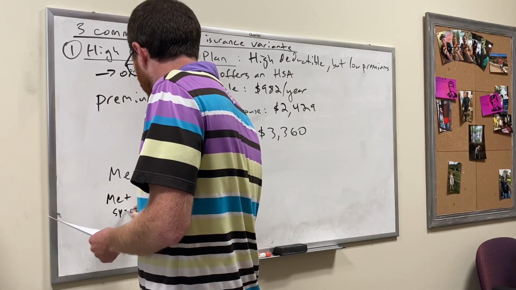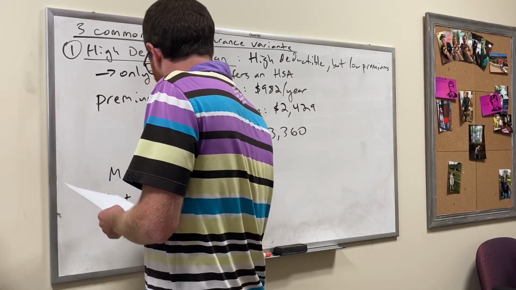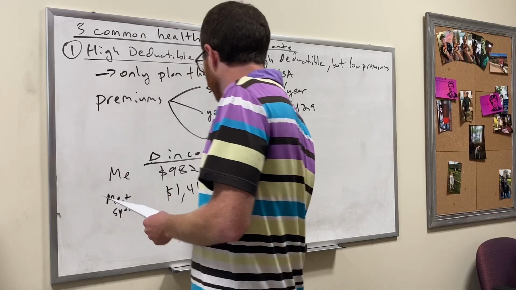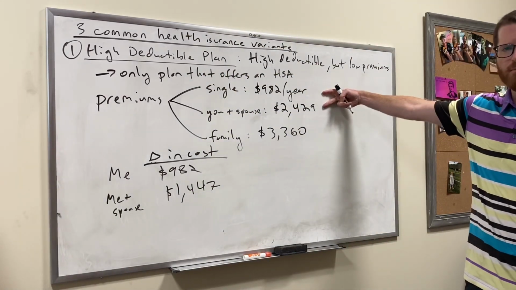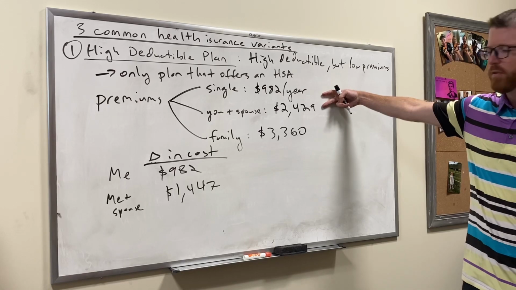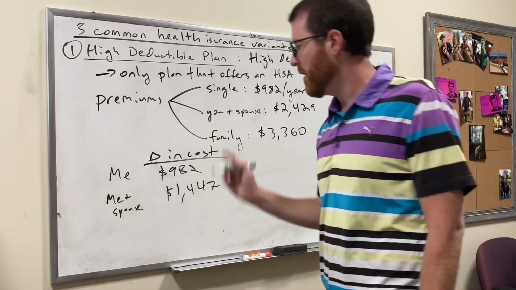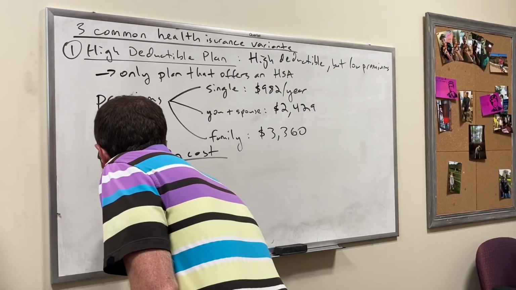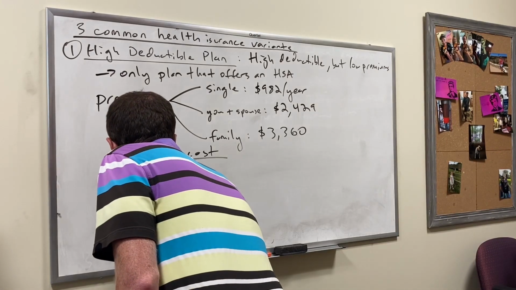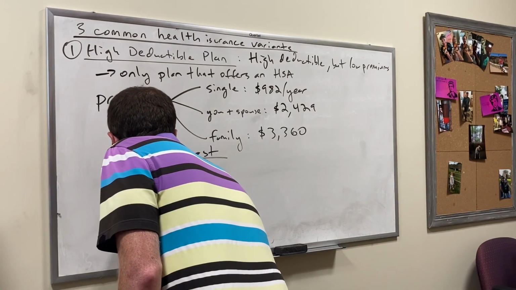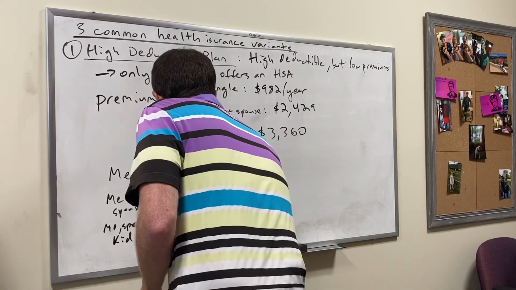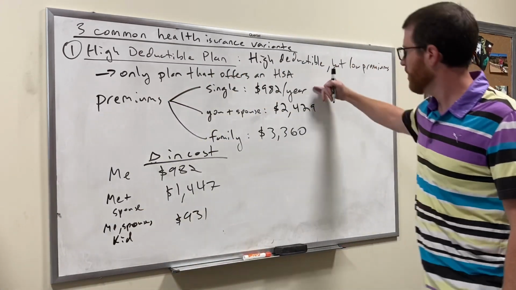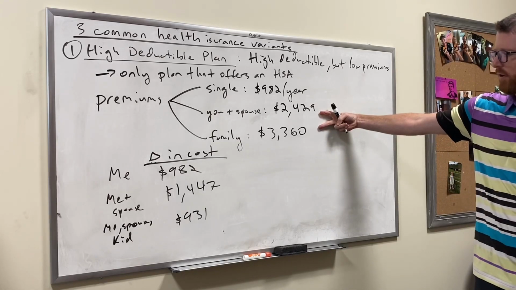If I add a spouse, the cost will go up by $1,447. That's just the difference between these two, okay? So continuing to add people to this plan, I now add a kid. So me, a spouse, and a kid. That's going to add a cost of $931. All right, so that's the difference between these two values here.